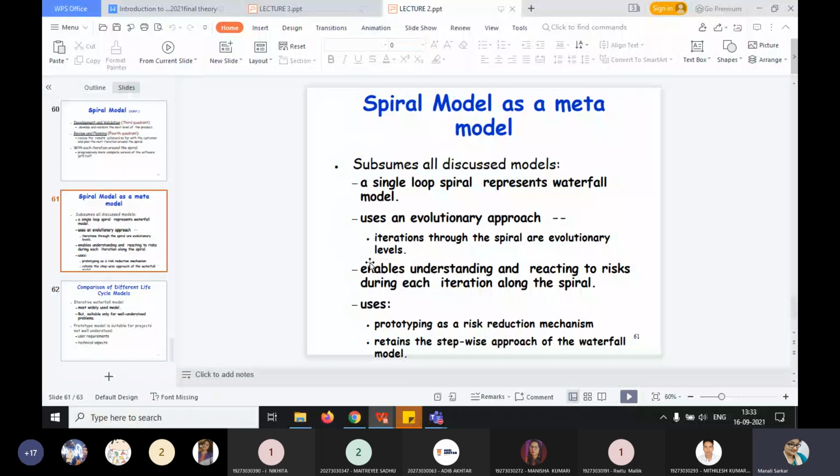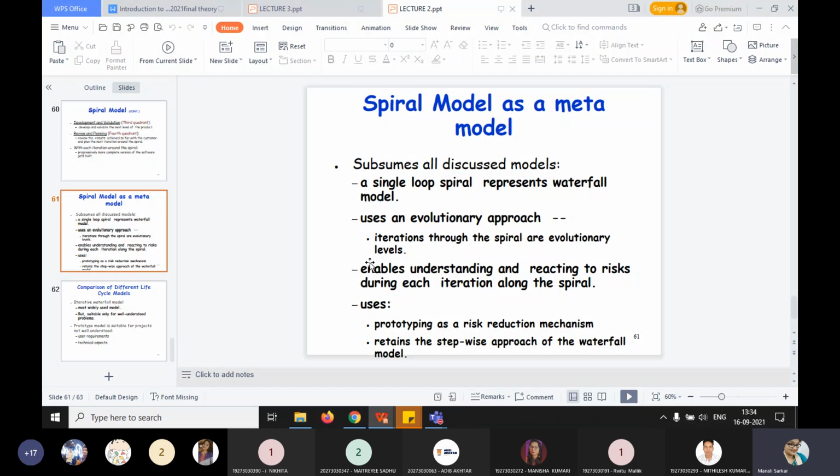So basically, the spiral model can be viewed as a meta model since it subsumes all the discussed models that we have learned. This enables the developer to understand and resolve the risks at each level.